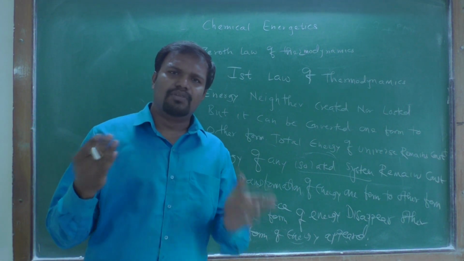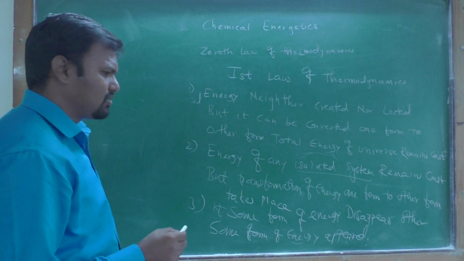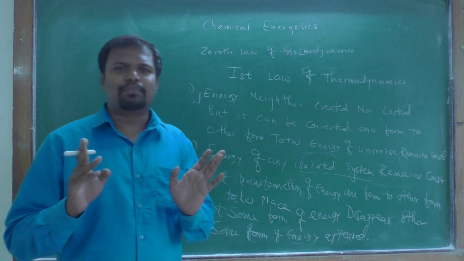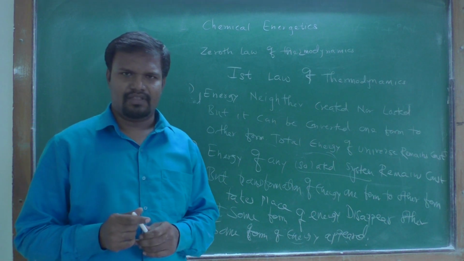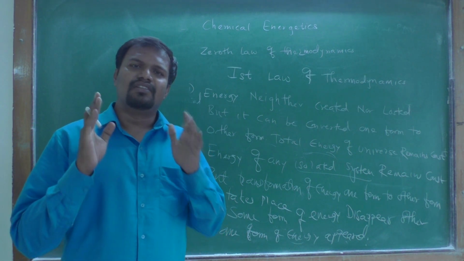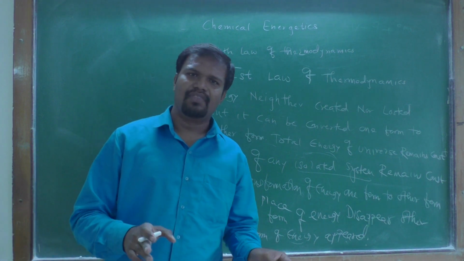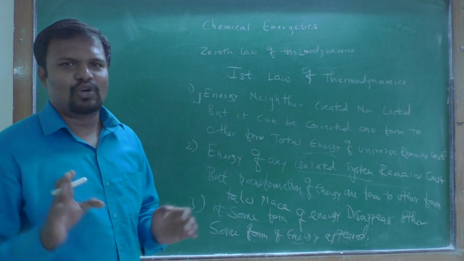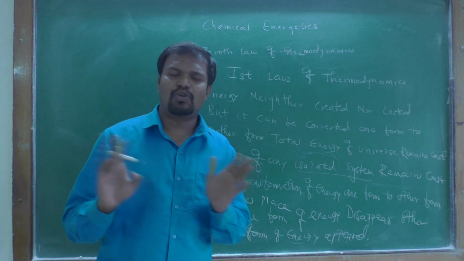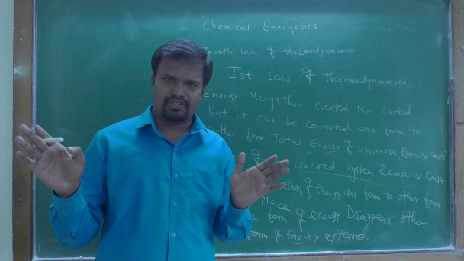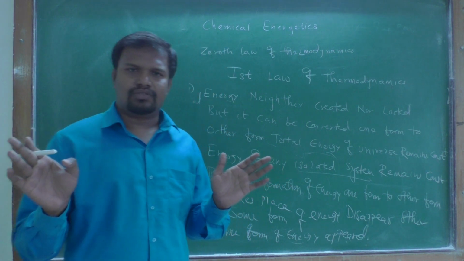The next statement, the fourth statement, is very easy. We cannot produce any perpetual machine. A perpetual machine means a machine that runs without energy. For example, your bike running without petrol. Is it possible? It is not possible. Without consuming energy, no work is produced.